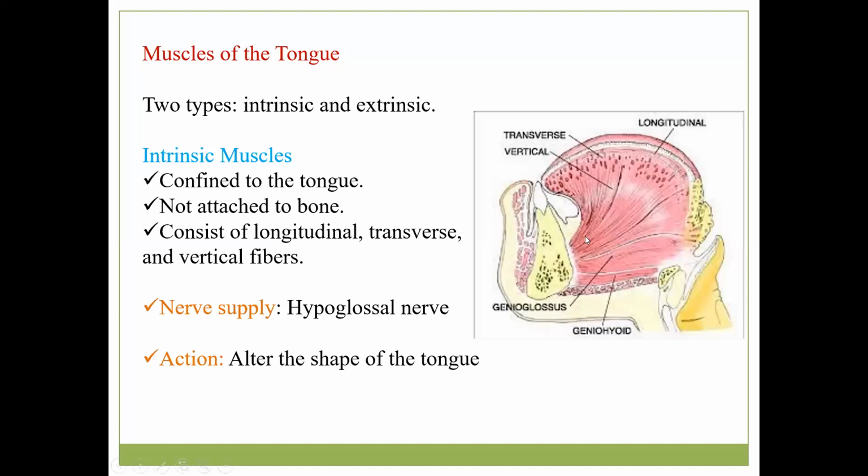They consist of longitudinal fibers alongside the tongue, transverse fibers, and vertical fibers. These intrinsic muscles are supplied by the hypoglossal nerve and they act to alter the shape of the tongue. I think you all have tried to alter your tongue's shape.